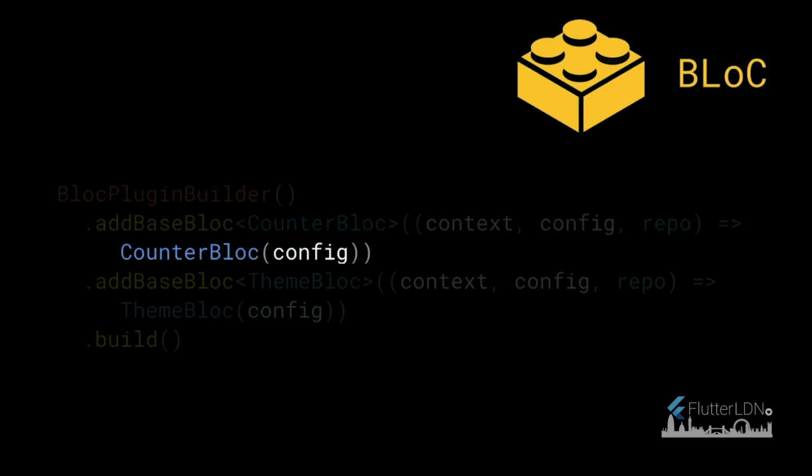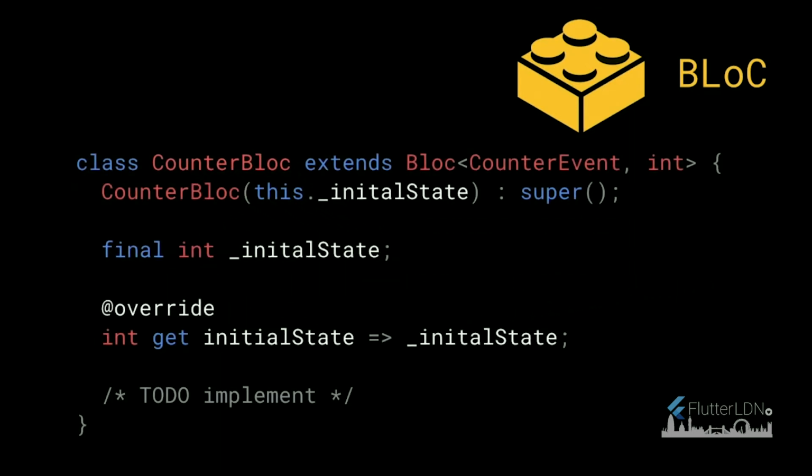And you need to create an instance of your bloc. I changed how the counter bloc from the original example looked, to be able to pass the initial state as an argument, and then that argument is used to provide the initial state.